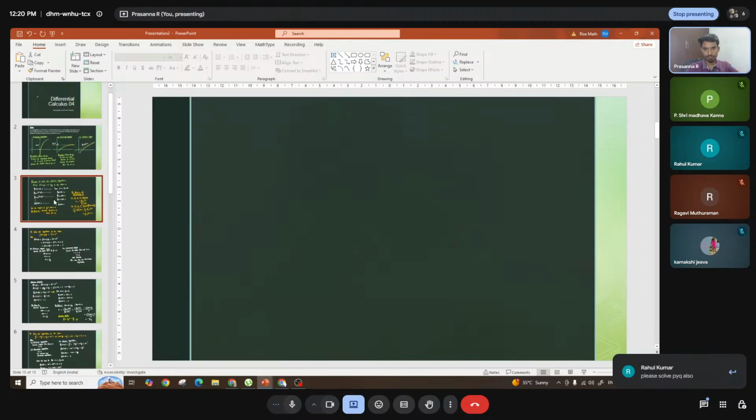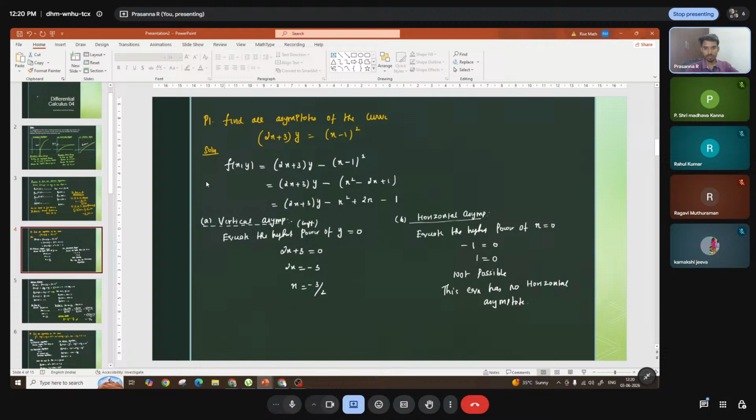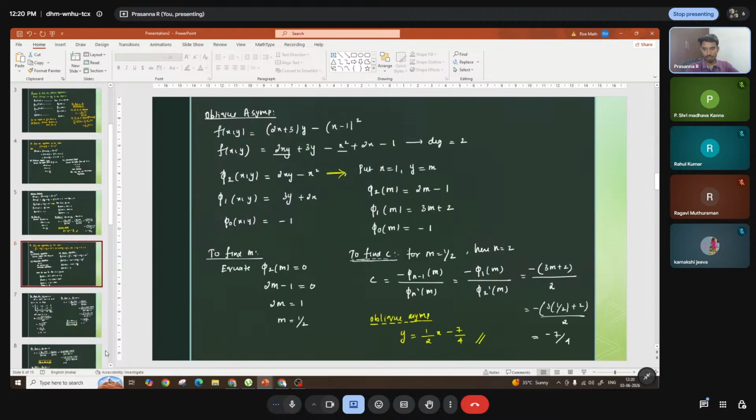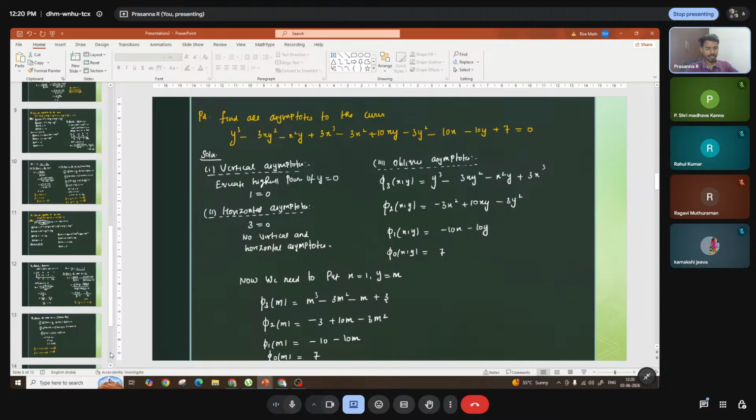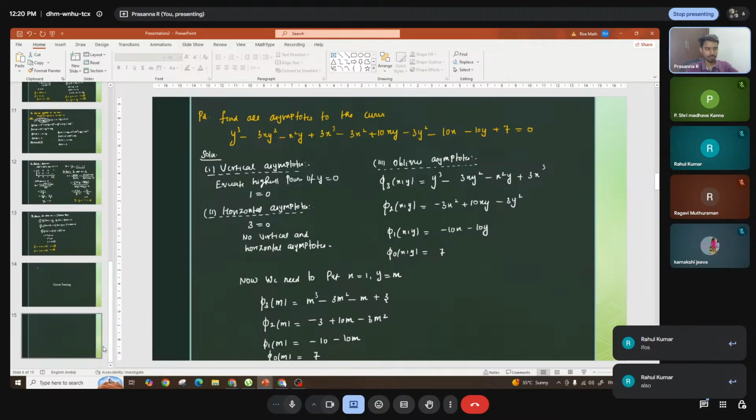This is a PYQ. Rahul, first question is a PYQ. I already solved the calculus laws of IEBS PYQs. I'll just send them in the group.